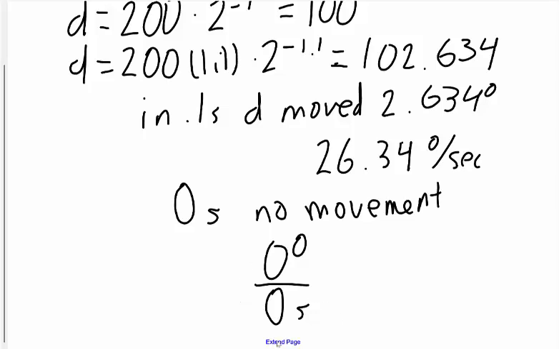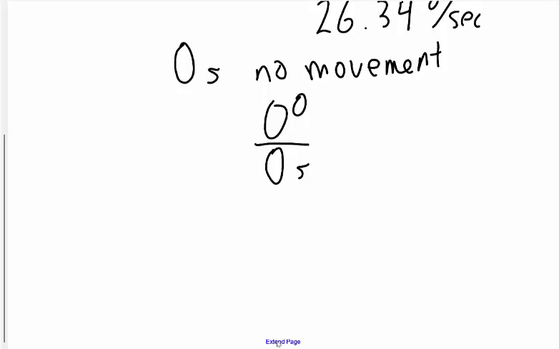Okay, so I tell you what. Instead of that, let's see if we can find a smaller time interval. Let's make our time interval smaller. So let's go from 1 to 1.01 seconds.